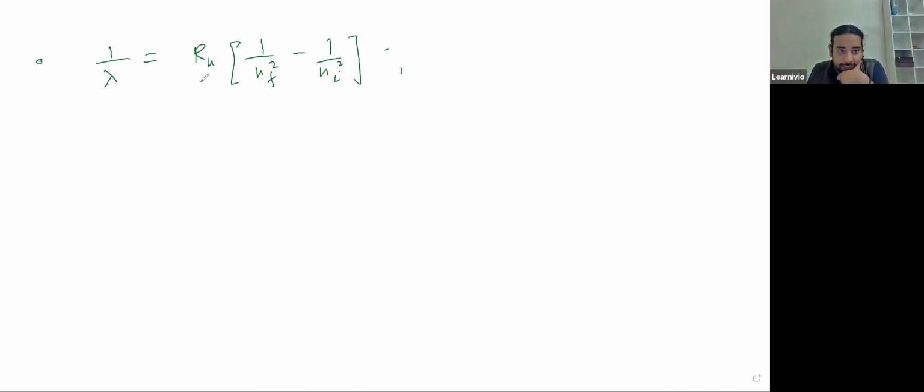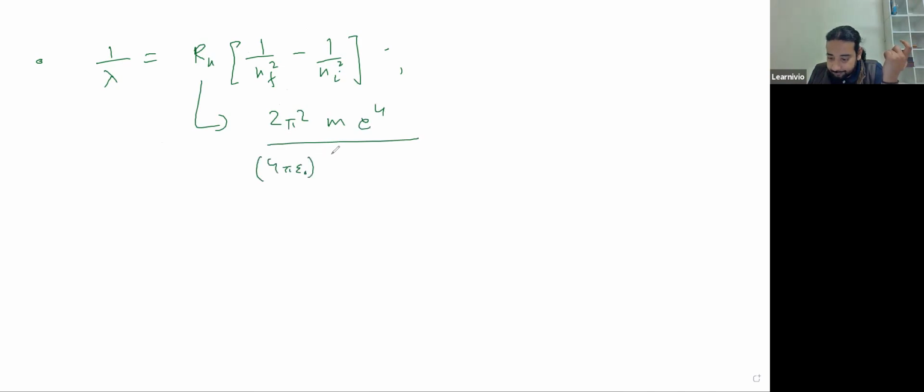Well, we can only figure that out if we know what exactly RH is. RH, when we calculated it, was 2 pi square m e to the power 4 divided by 4 pi epsilon naught whole squared h cubed c. This was the value of RH, correct? If you go back to your calculations, you'll see that this is the value of RH that we got.